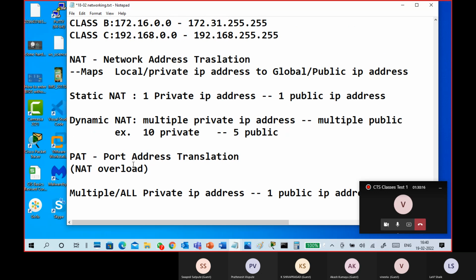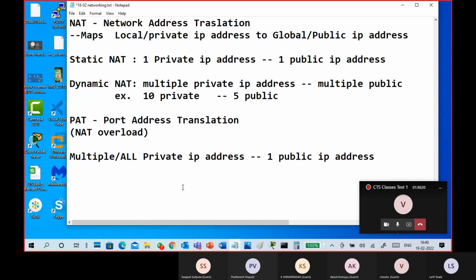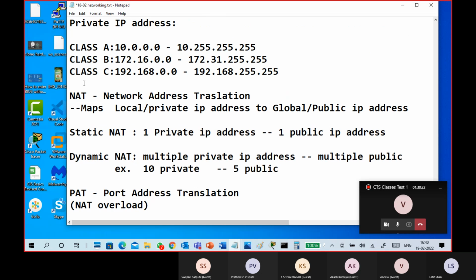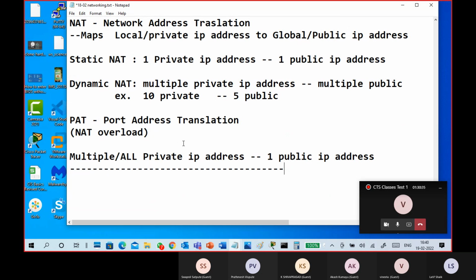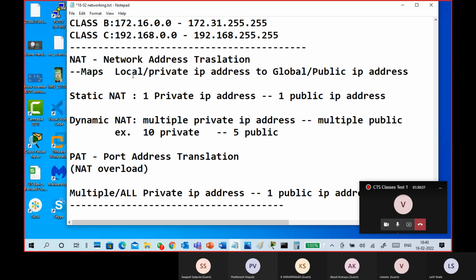Dynamic NAT and PAT techniques are different, but both are the same. So this is about network address translation. Of course, ACL is also there, the access control list, which allows the network, but at least understand NAT, network address translation.